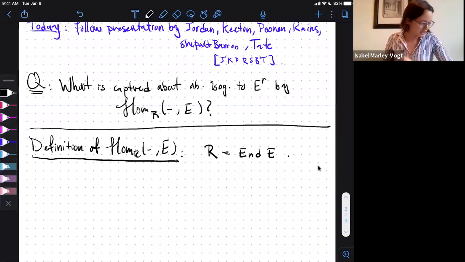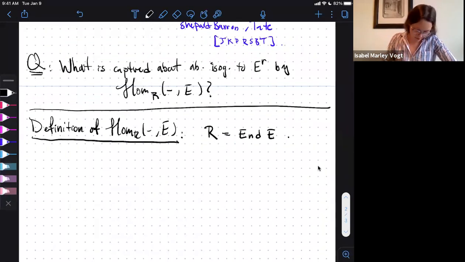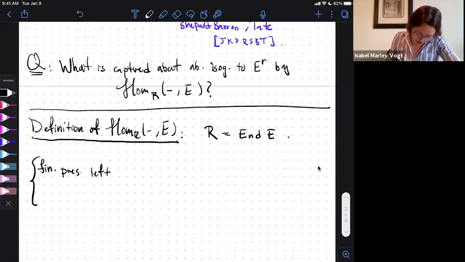So let's assume that. And it's actually defined on a slightly larger category, where we get rid of the torsion-free hypothesis. So it's defined on the category of finitely presented left R modules.